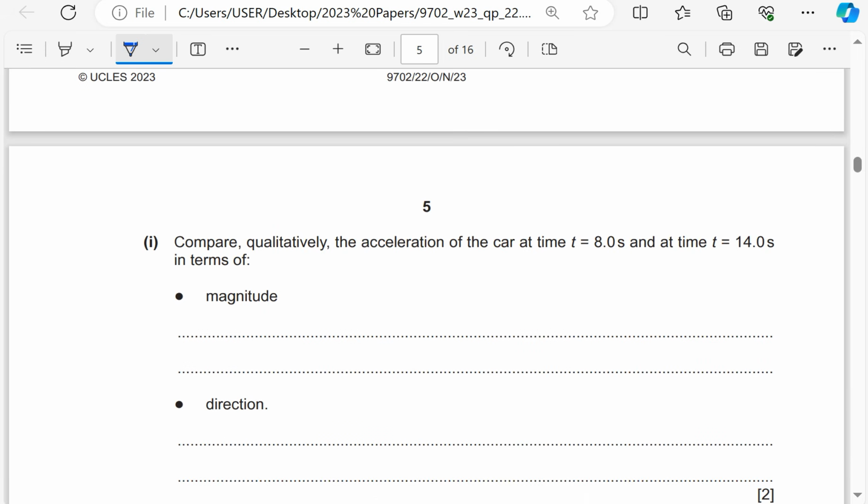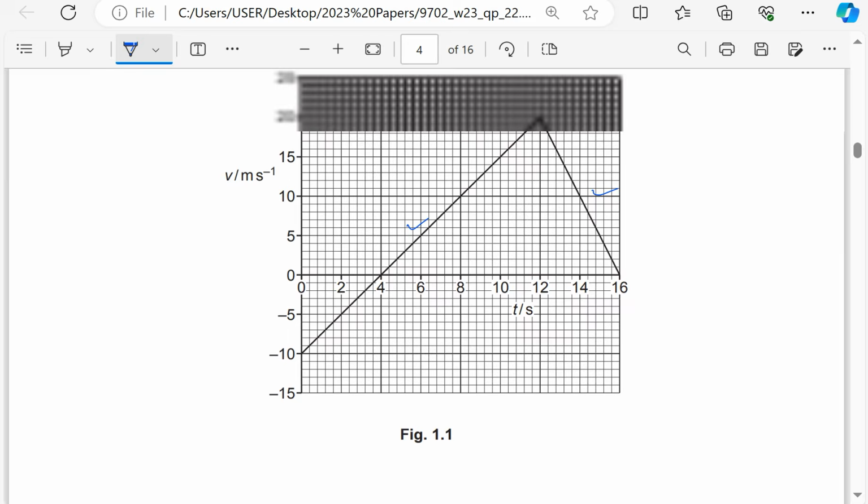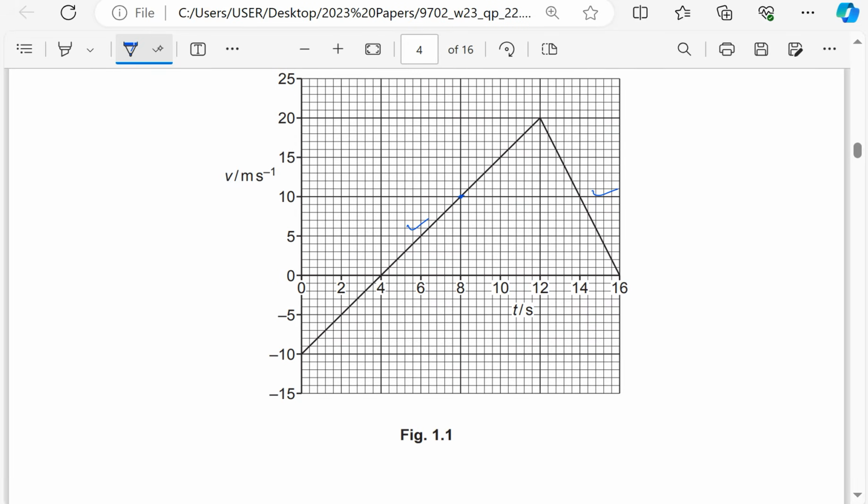Compare qualitatively the acceleration. Qualitatively, we don't need to quote values. The acceleration of the car at time t equals 8 seconds and at time t equals 14 seconds. Let's check. At 8 seconds, of course, the acceleration is the gradient of this line. At 14 seconds, the acceleration is the gradient of the other line. So first of all, in magnitude, you check the gradient.